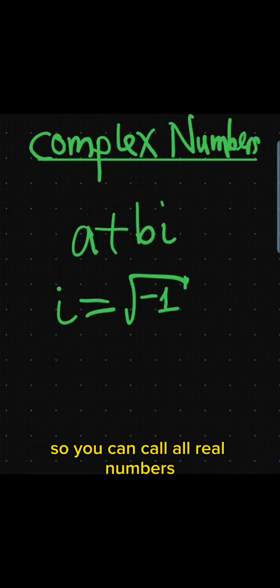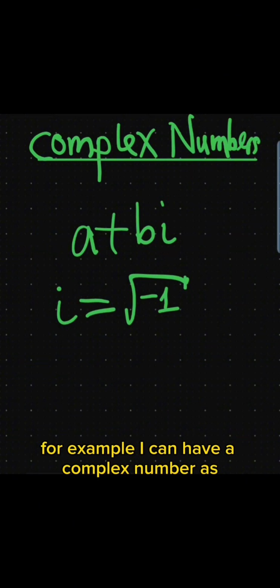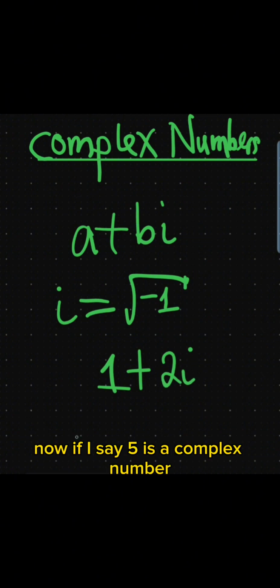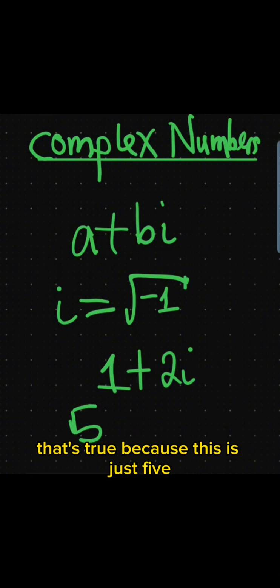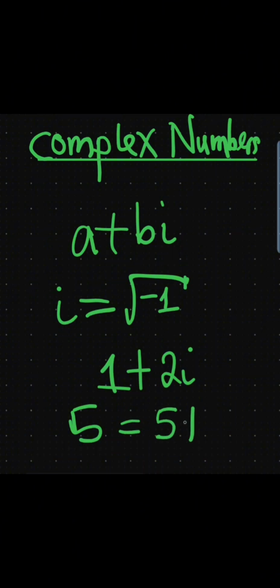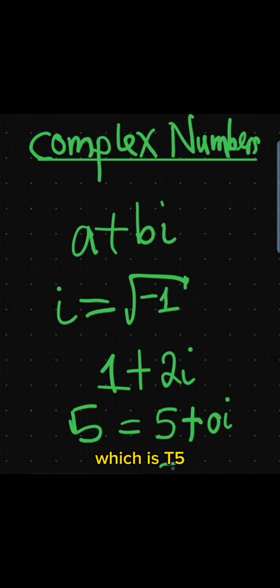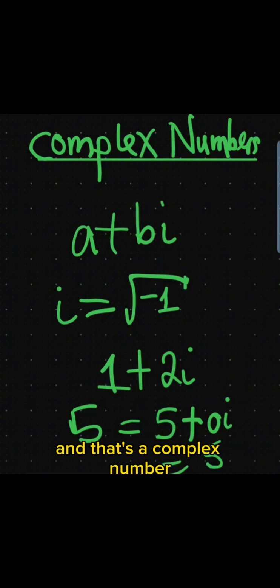For example, I can have a complex number as 1 plus 2i. Now, if I say 5 is a complex number, that's true because this is just 5 real part plus 0i imaginary part, which is still 5. And that's a complex number.